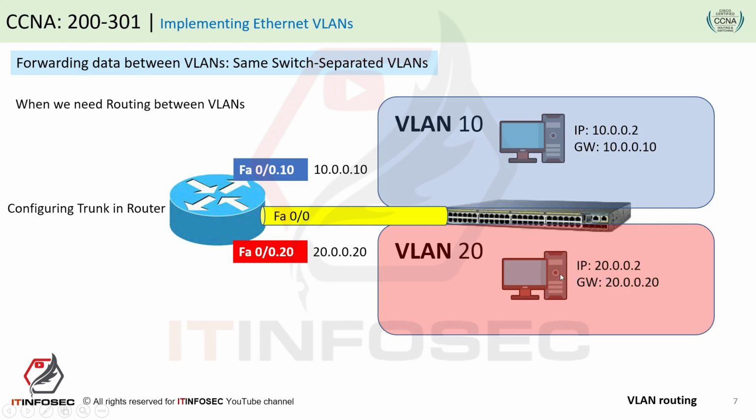Like this, in VLAN 20, I have IP address 20.0.0.2 on my computer and default gateway 20.0.0.20, which is the IP address of my related sub-interface created on the router.